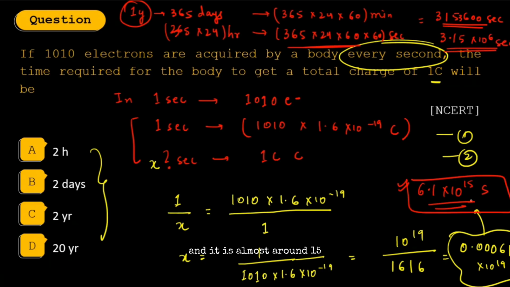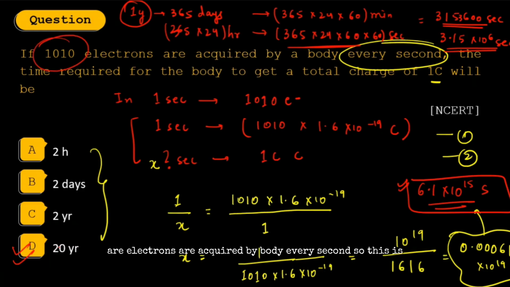It is almost around 15. So approximately, if I just divide these two numbers, we are supposed to get almost 20 years. So it will take almost around 20 years to transfer 1 coulomb of charge if 10 to the power 11 electrons are acquired by a body every second. So this is how you can actually relate the answers.